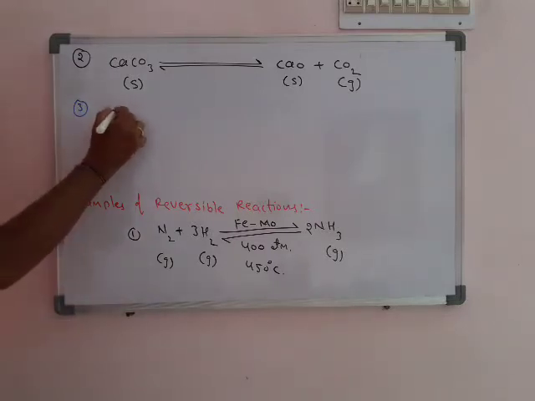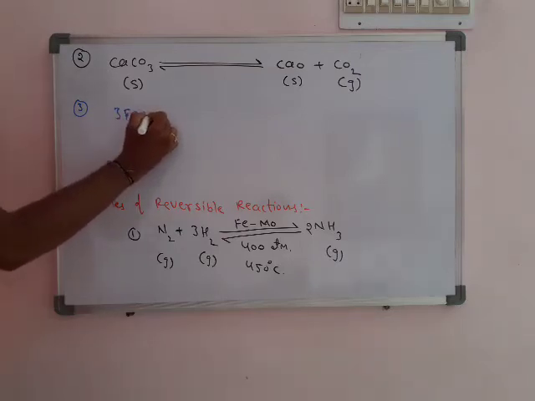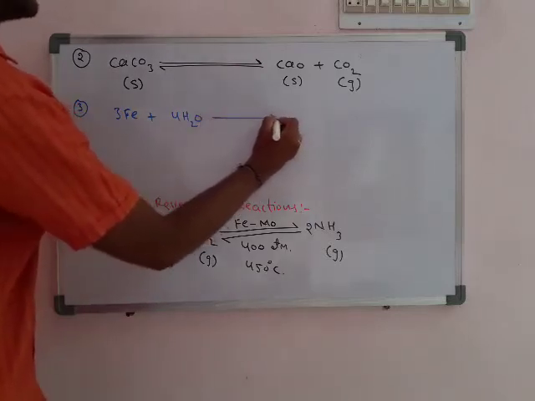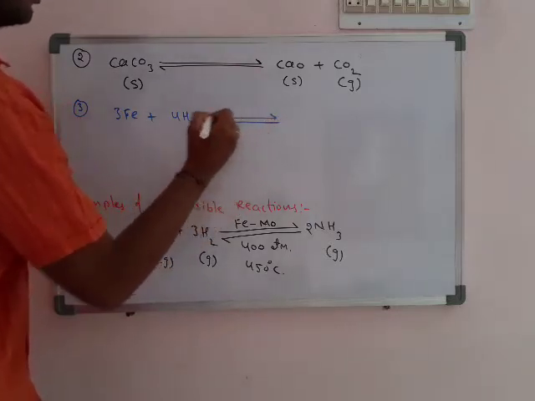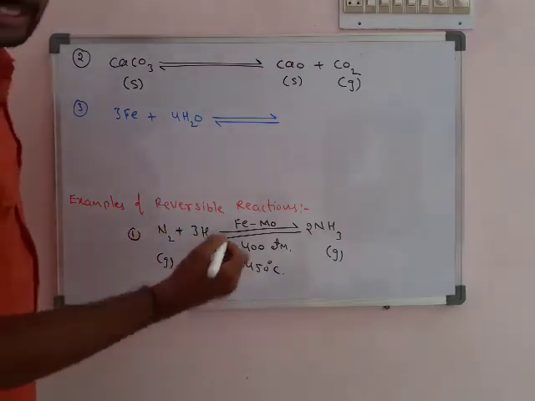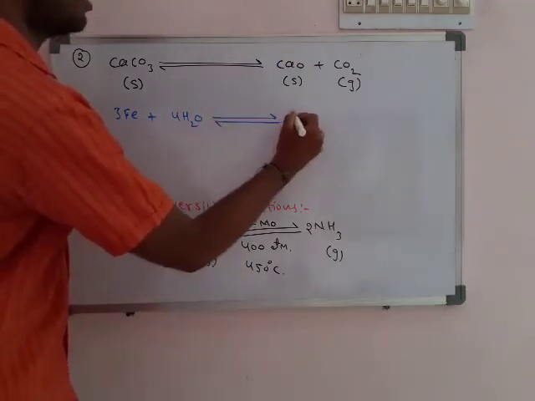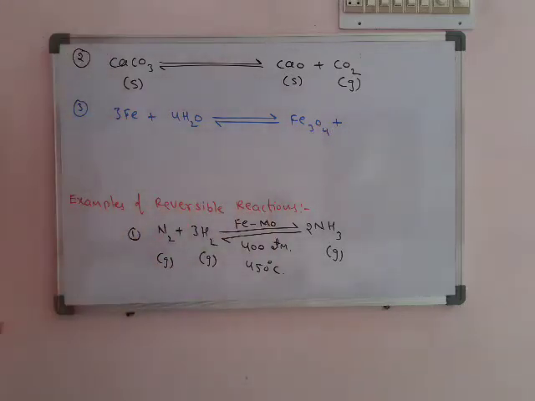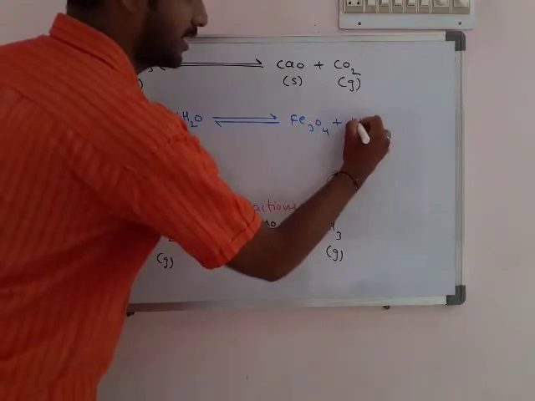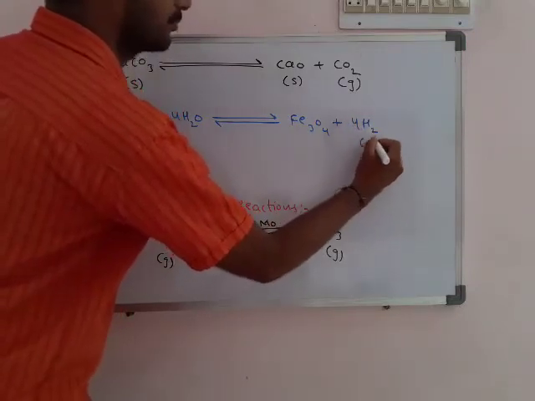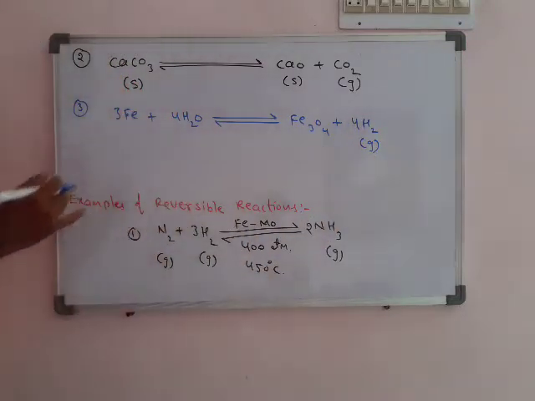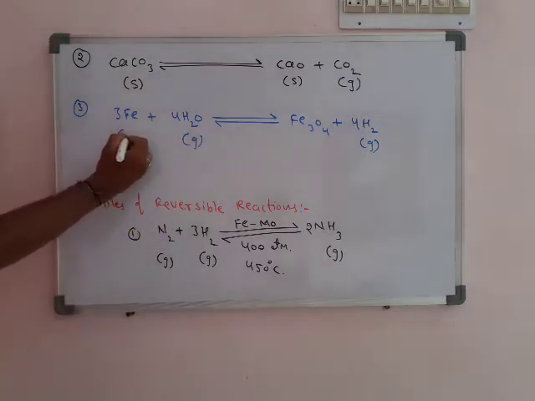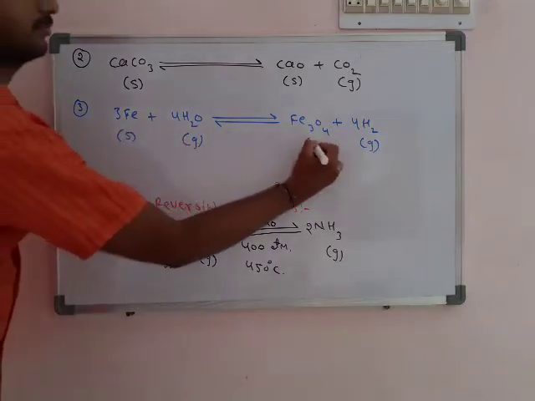Here's one more example. Iron when it reacts with hot water, nothing but steam, is also a reversible reaction. Steam is a gaseous state, and iron is a solid. It must be heated to a red hot condition, so iron has to be heated until it becomes red.